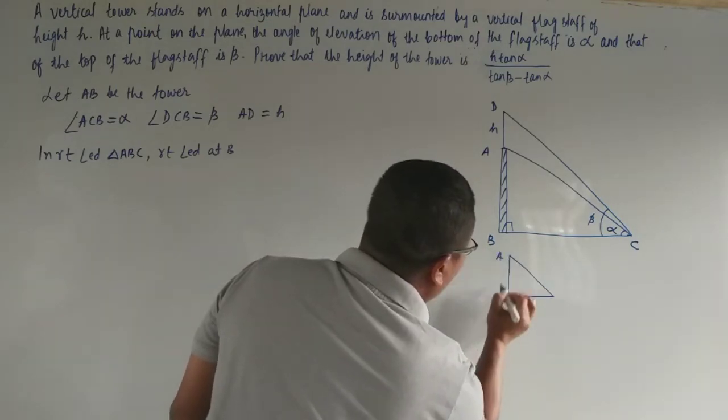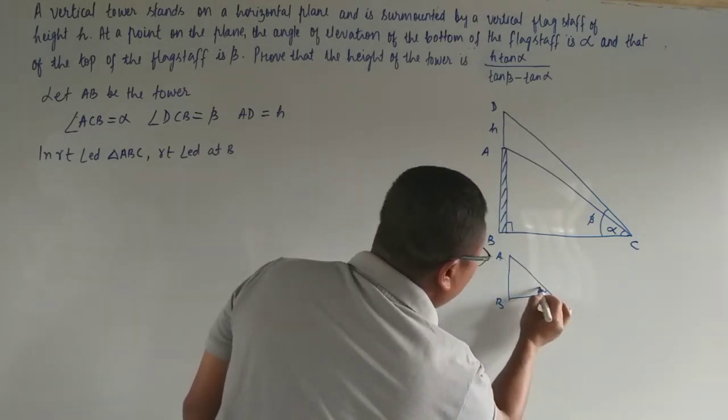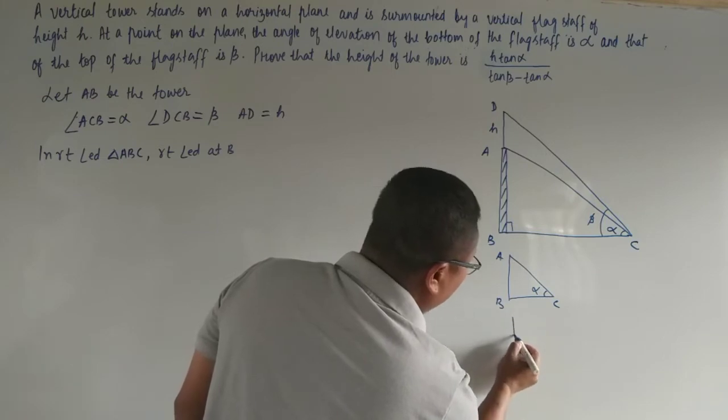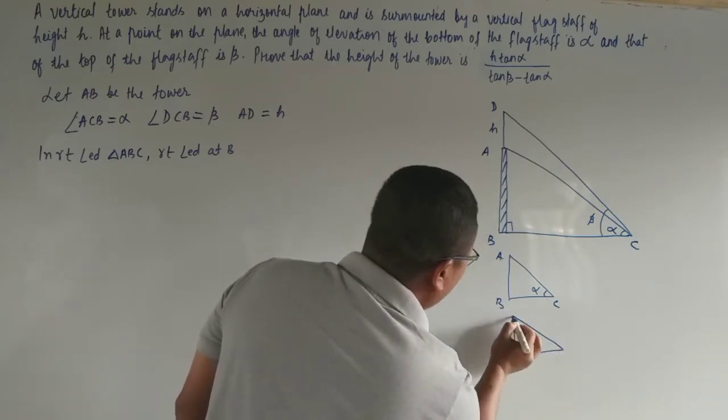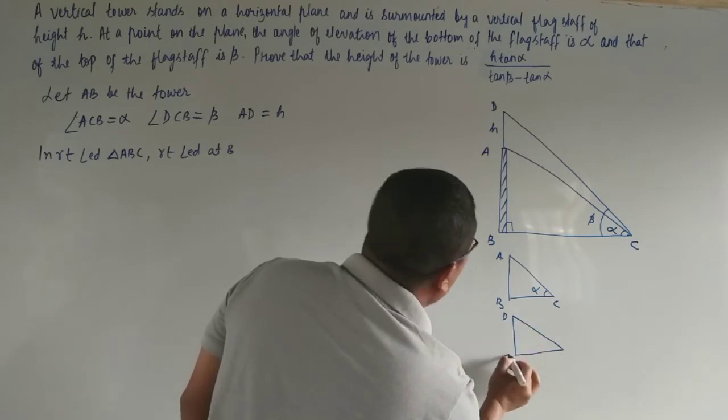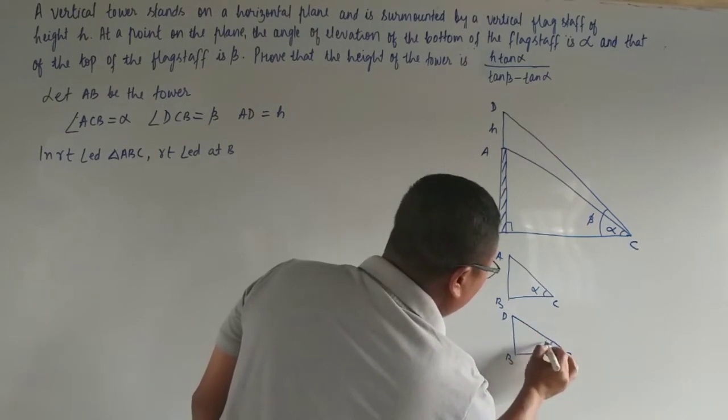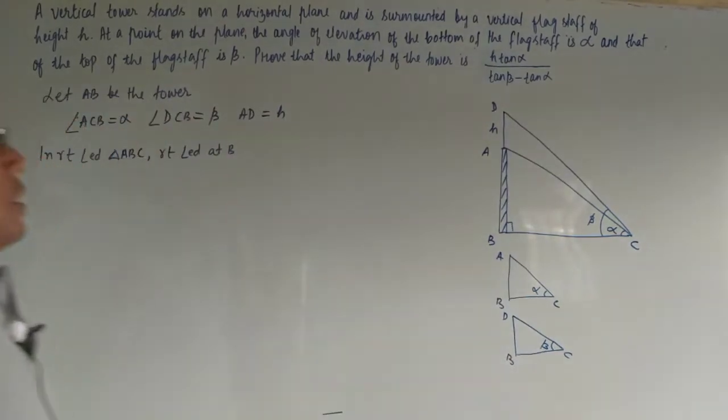So this is A, this is B, this is C, and this is alpha. And the other triangle would be like this again, but now this would become D, B, C, and the angle would become beta. So you can always break down the diagram.